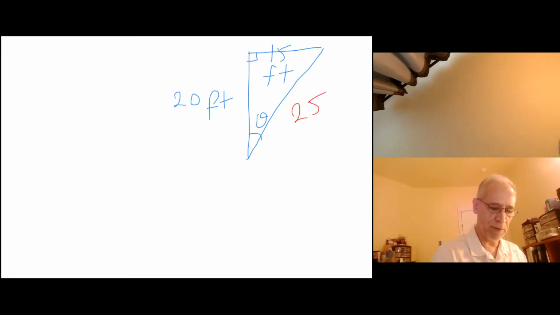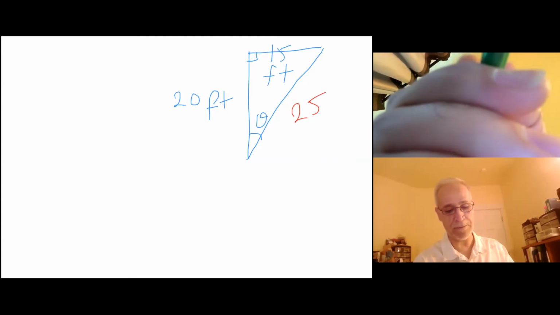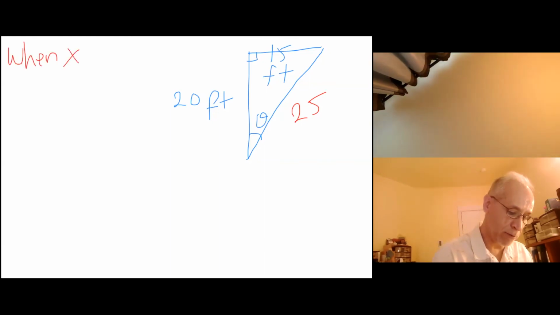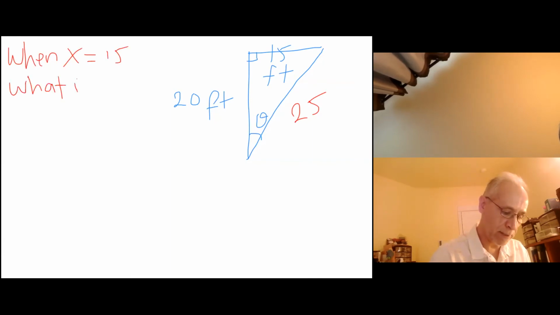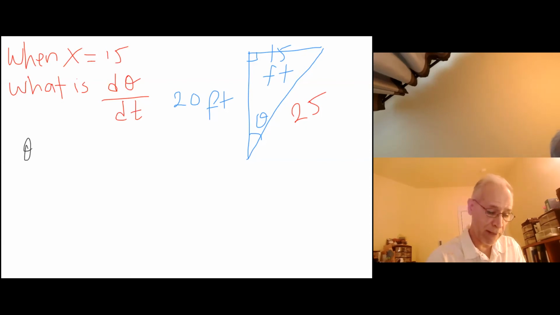So once again, at that moment, when x equals 15, we want to find d theta/dt. Now I need a relation between theta and my x, because my x will keep changing. Based on Math 142, based on the trick that we learned, let's use tangent of theta.